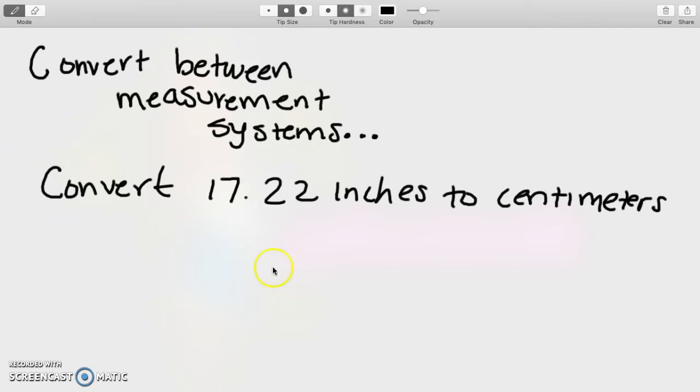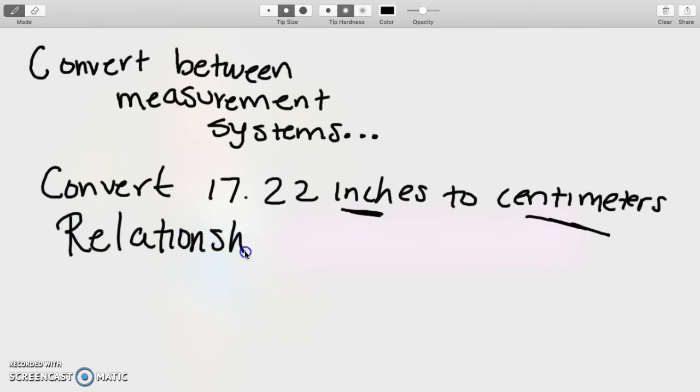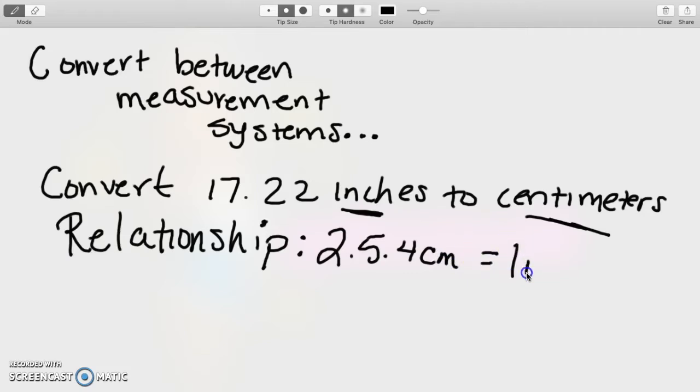So what we want to look at is the fact that we're going from inches to centimeters. If you're in my class, I wrote a word, relationship. I wanted you to give me the relationship before you try to solve any problem. If you're looking at your chart, you know the relationship between the two is that 2.54 centimeters equals 1 inch.